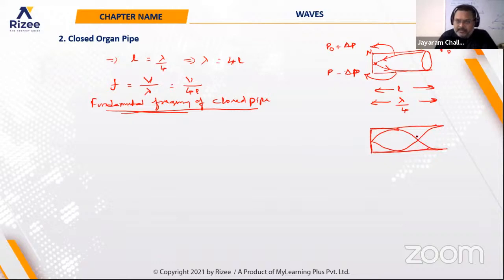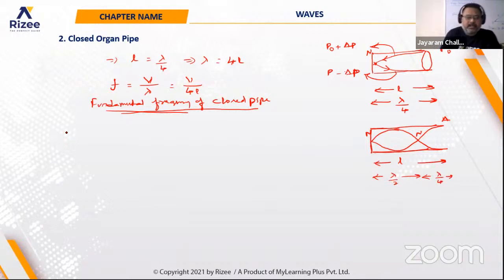So two nodes are formed here, and this is an antinode. The total length is divided into two parts. Node to node is lambda by 2, and node to antinode is lambda by 4.